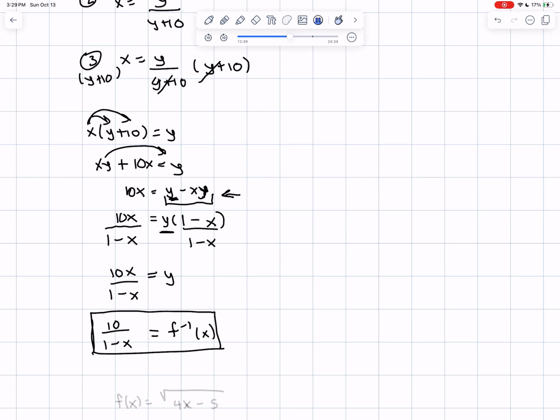Let's try this one. Let's try f of x equals the square root of 4x minus 5. I want you to try this one.